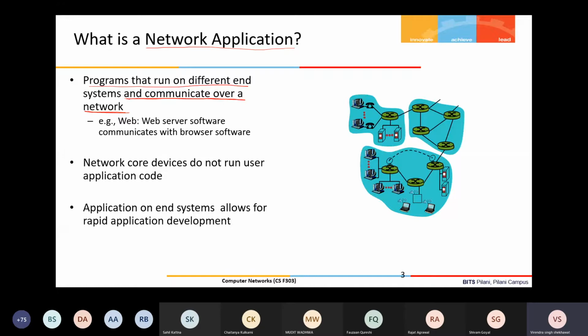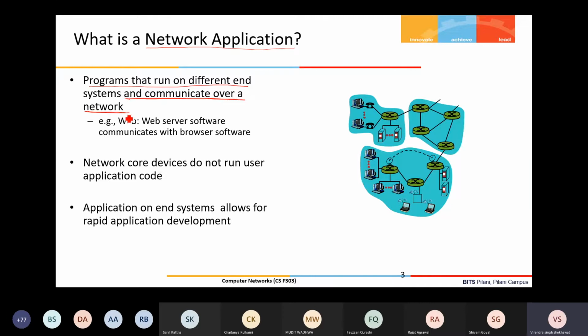For example, we use a lot of applications: email applications, file transfer applications, and web browsing applications. For the web browser, we type the URL, and corresponding to that URL we can access remote site data on our machine. So how do we understand how this network application communicates?